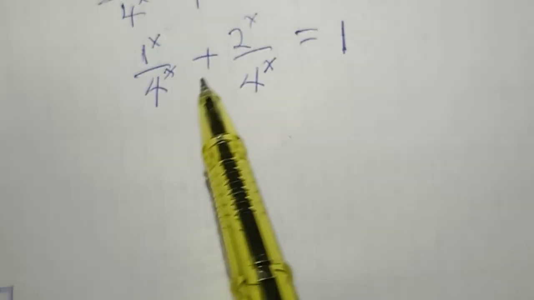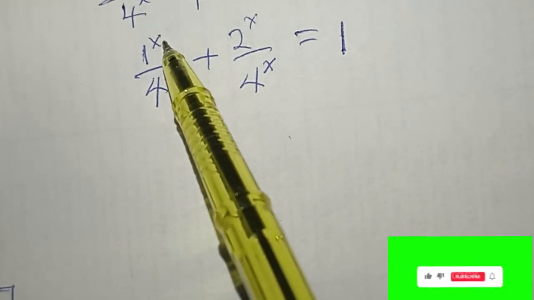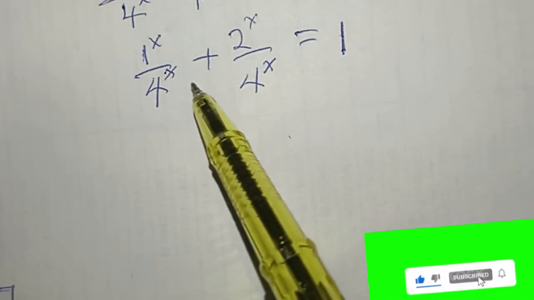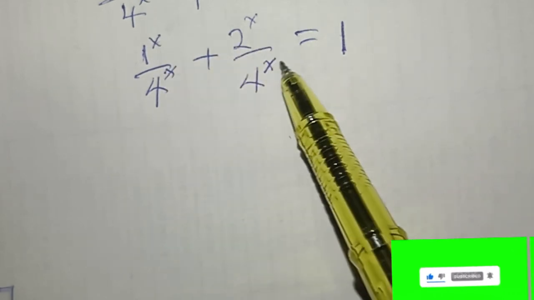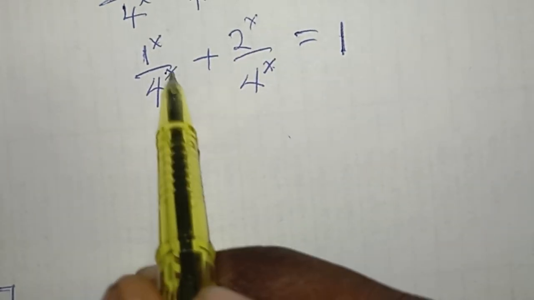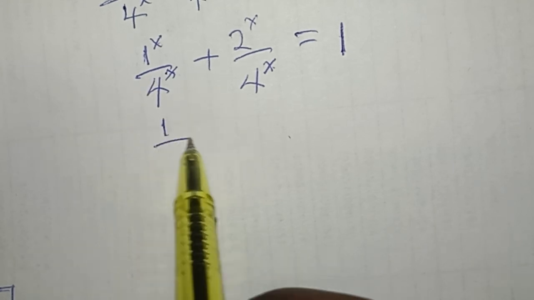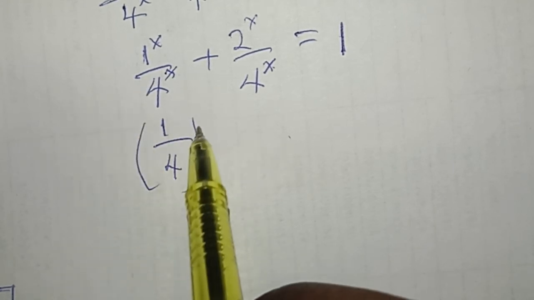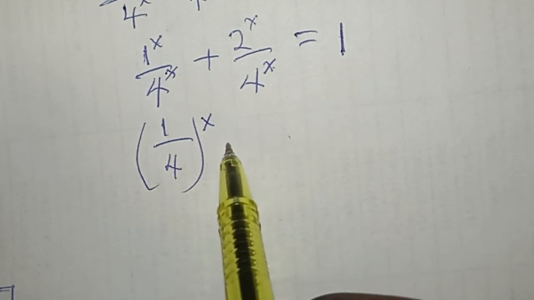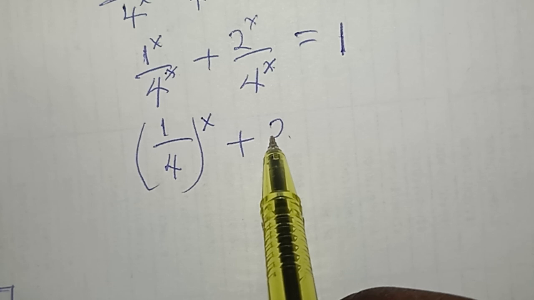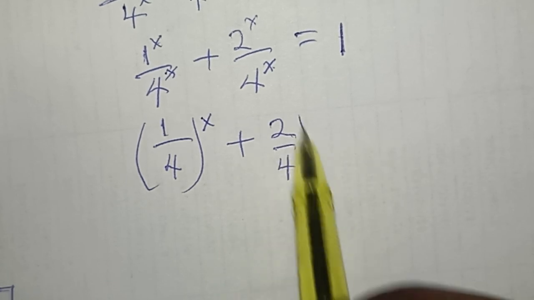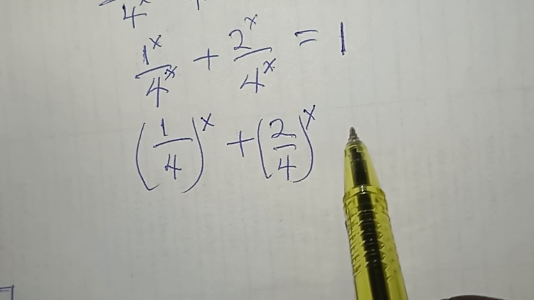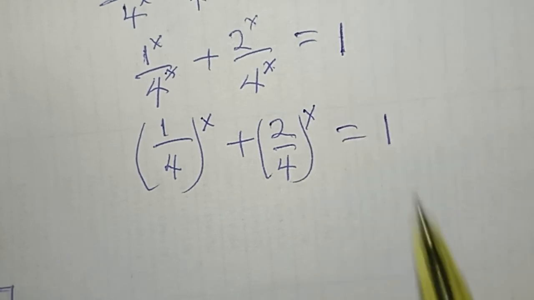Next I am actually going to factorize this x out right here. So this is common here, and of course it's also common, so I'm going to factorize it out. So I have 1 over 4 and all power x, plus I can also factorize it here, so I have 2 over 4 and all power x is equal to 1.